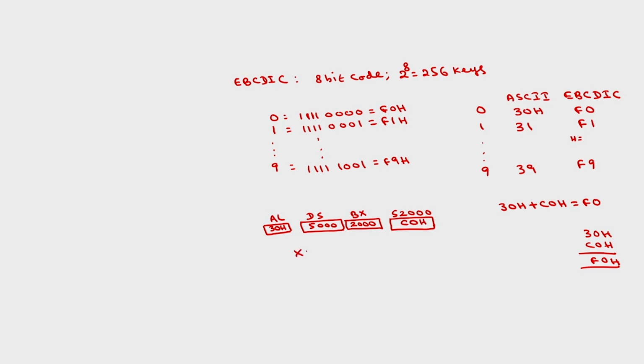So if I write XLAT, what will be the contents of AL? As I have explained, AL will be the contents of AL plus the contents of the memory location pointed to by BX. So this is equal to the AL contents, 30H, plus the contents of 52000H. This is 30H, and the contents of this location are C0, so you will get F0H.